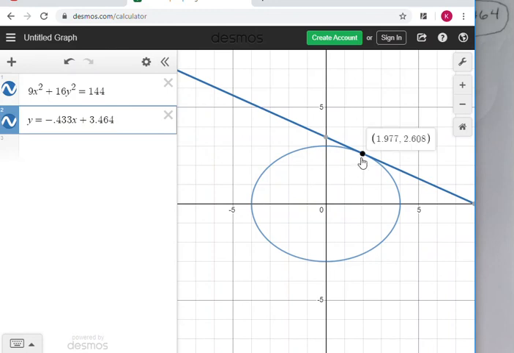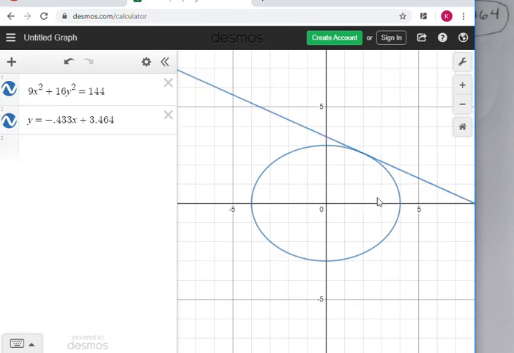It looks like I'm off just a little bit. Maybe I'm not going to get it exact, but you can see that the tangent line is just about here at (2, 2.6). Just didn't hit it right when I clicked on it. Well, you get the idea. It's hard to click on the exact spot on Desmos that I want, but you can definitely see that the line we found certainly looks tangent to the ellipse.